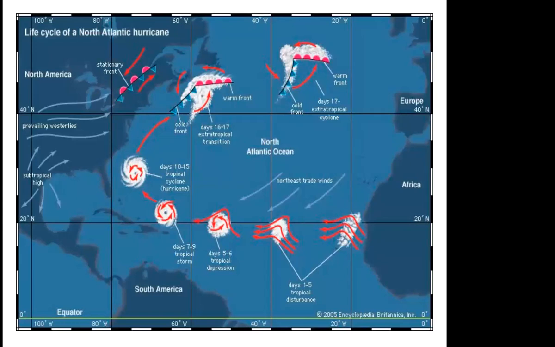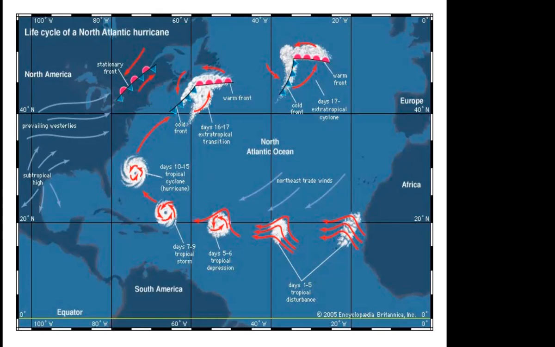So up here shows us a picture of the life cycle of a North Atlantic hurricane. So we see some things up here. What are these? We learned about these. Fronts, okay? So if we've got blue triangles, what are we talking about?